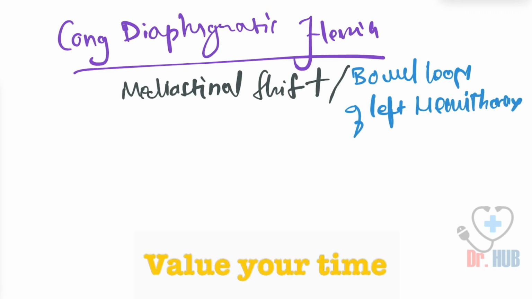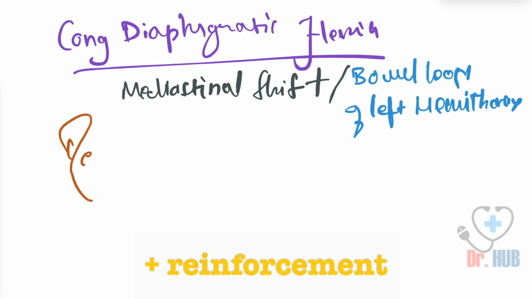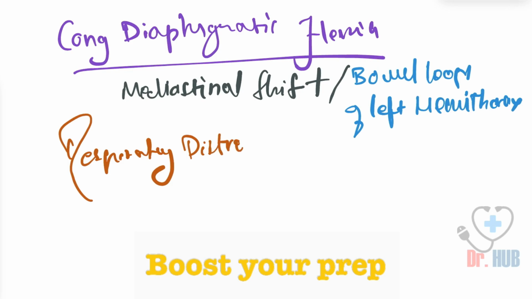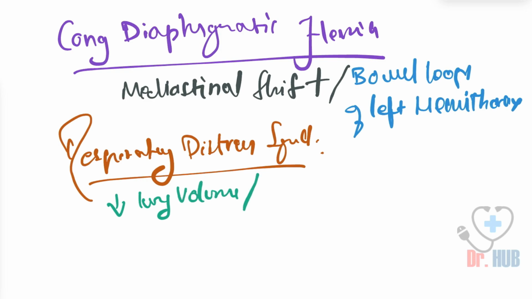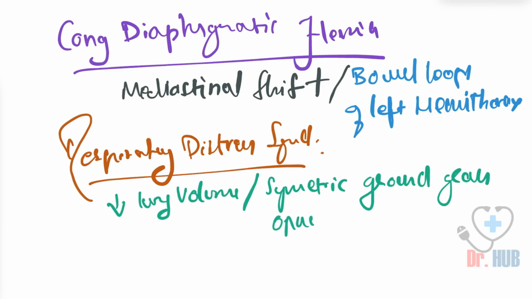Next, as we move, we have the respiratory distress syndrome. In terms of respiratory distress syndrome, there is a low lung volume. Next, there is also a symmetric ground glass opacity. So this is nothing but the reticulogranular pattern.